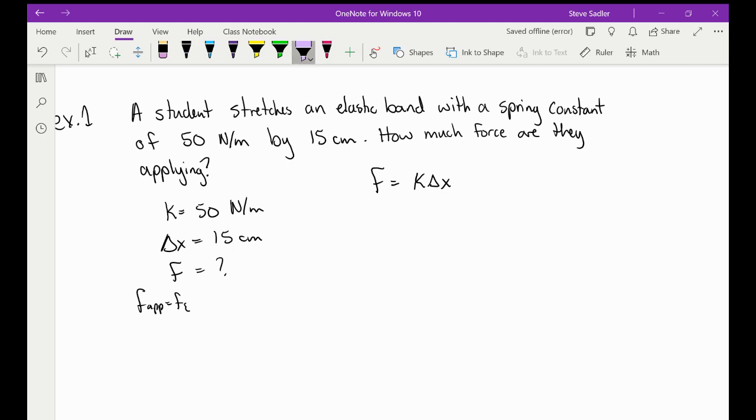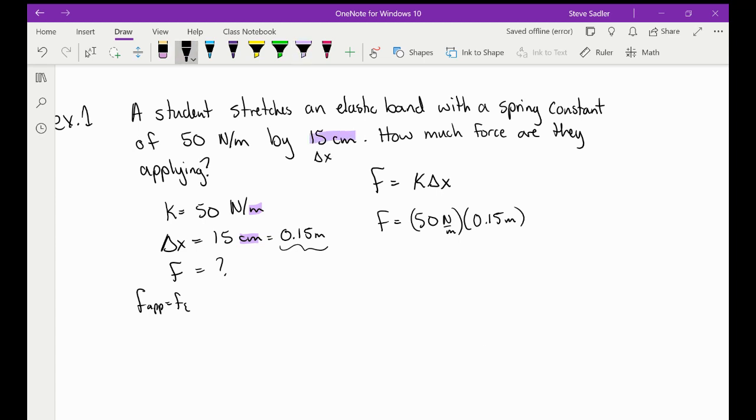The problem right now is that we have meters here and centimeters here. So we know that 15 centimeters is 0.15 meters. And now we want to use the 0.15 meters in our formula. So now we have 50 newtons per meter, and we have 0.15 meters for our distortion, because the student stretches the elastic band by 15 centimeters means that we've distorted it 15 centimeters.